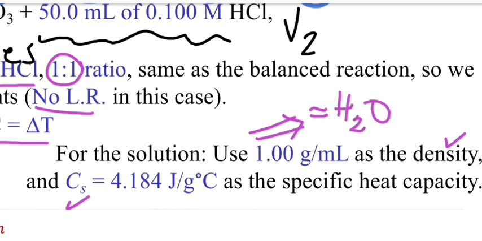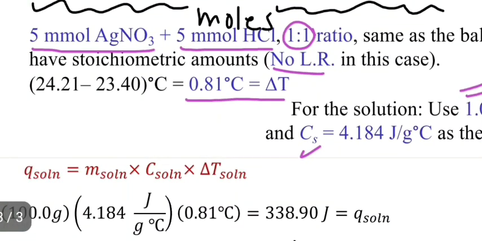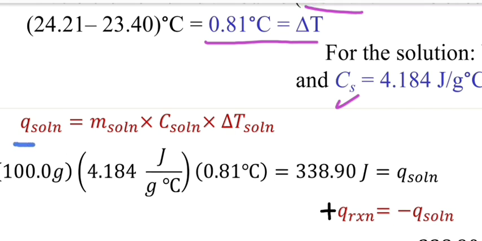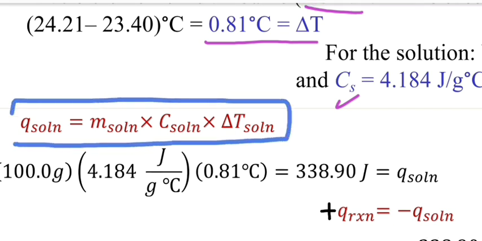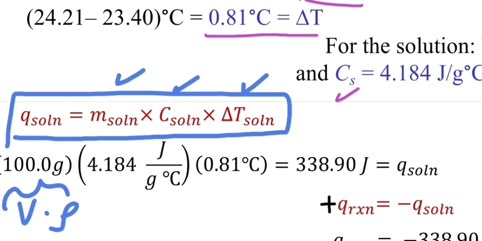So density of water, heat capacity of water as well. Solving the problem, the only thing that we have to do is use the now very familiar formula, that the heat of the solution is proportional to the mass of the solution, the heat capacity of the solution, and the change in the temperature of that solution. The mass, remember, we are going to get from the volume times the density, and those values are given, or we can calculate them.